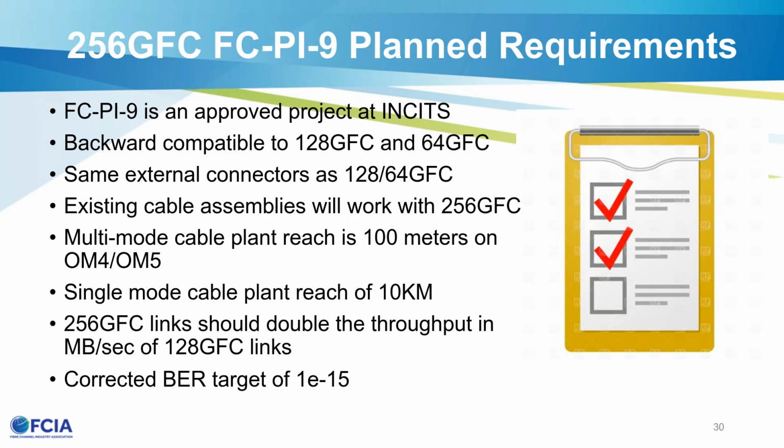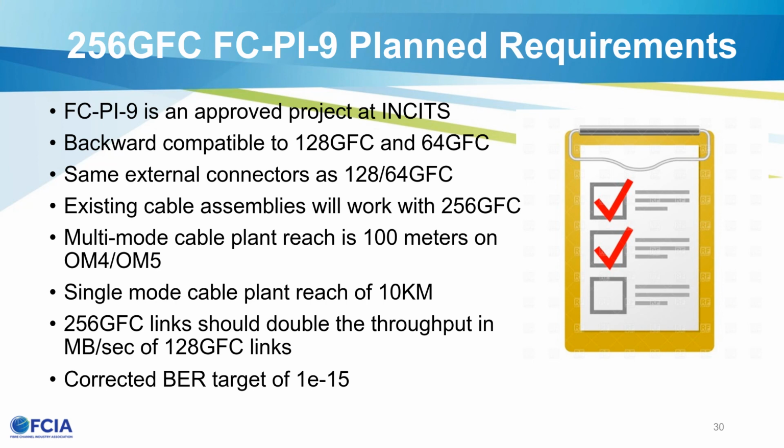And then 256 GFC, this gives a high level of what we're hoping. It's improved now from INCITS, the FCPI 9 ad hoc, which they've changed the name to expert groups in INCITS. We've already been working on it for a while. As always, it will be backward compatible to 128 and 64.